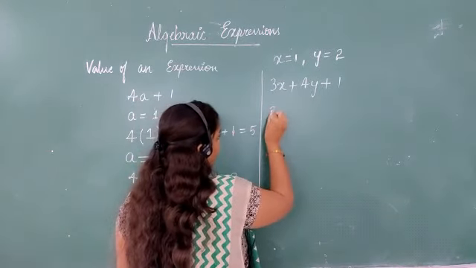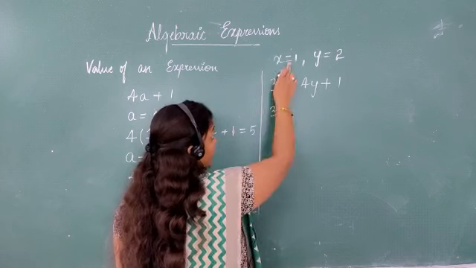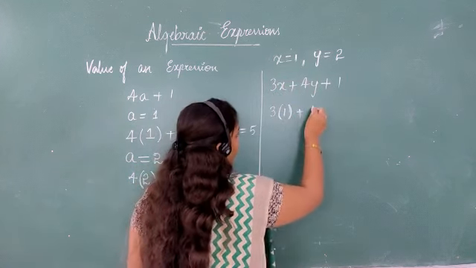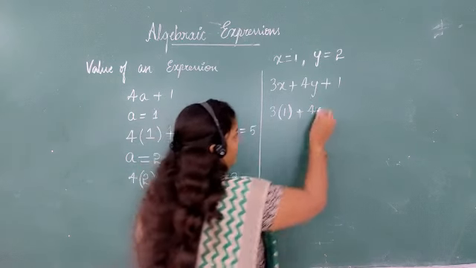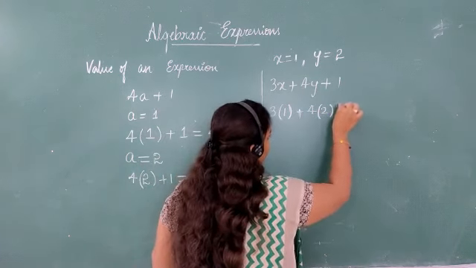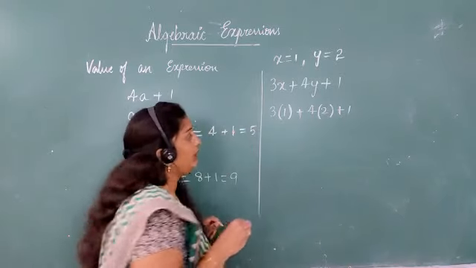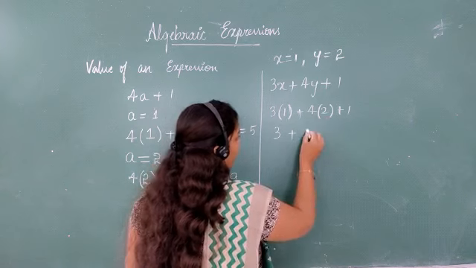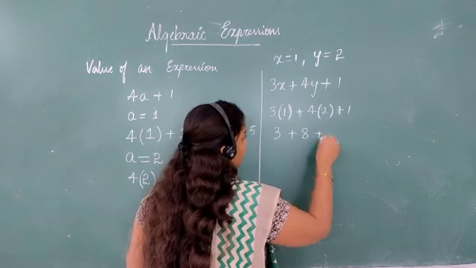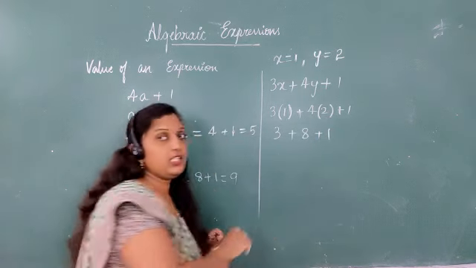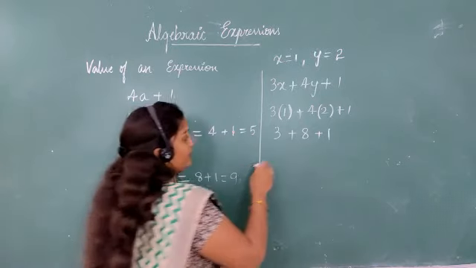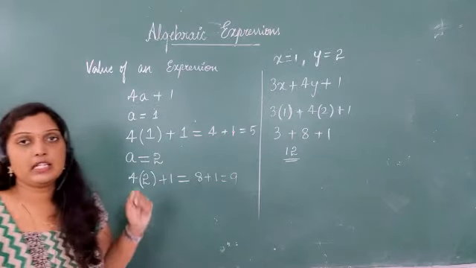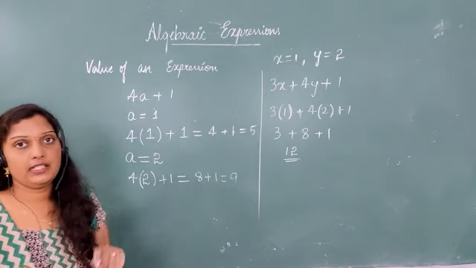In place of x you have to write the x value, that is 1, plus 4, what is the y value? 2, plus 1. Okay, so 3 into 1 is 3, plus 4 into 2 is 8, plus 1. 3 plus 8, 11, and 11 plus 1, 12. So this is the answer. Okay, this is how you find the value of an expression.